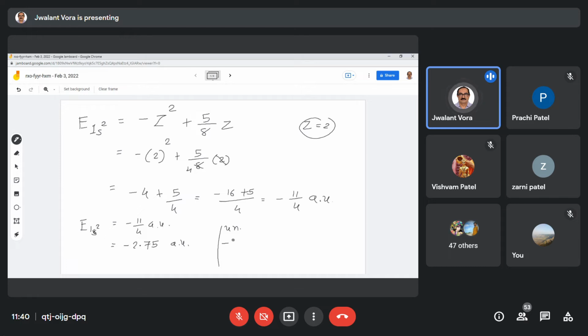Now remember what we calculated? Unperturbed was equal to minus 4 atomic unit. You can see the difference with the corrected, the true value. The true value, or experimental value, is minus 2.90 atomic unit.